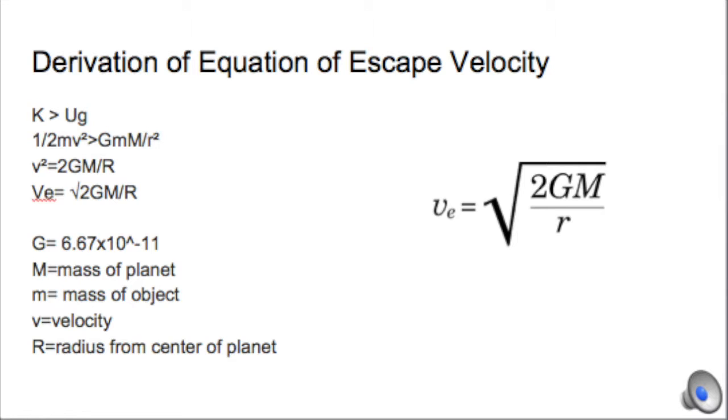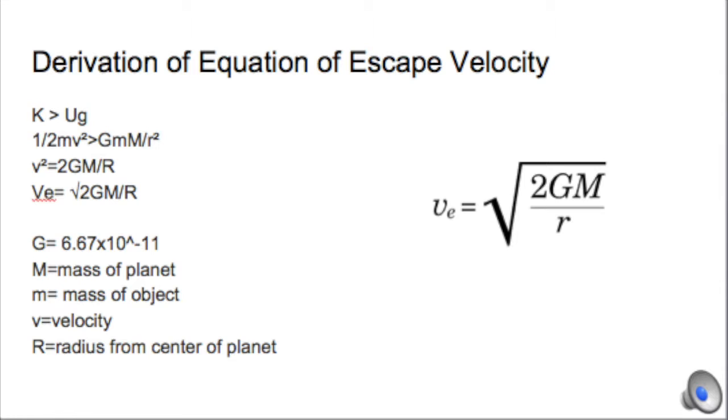Next, in terms of escape velocity, we need to look at how this equation was derived from energy and see how we can apply this to different concepts. First, we start with the conservation of energy: the kinetic energy of an object must be greater than the potential of gravity of the planet.